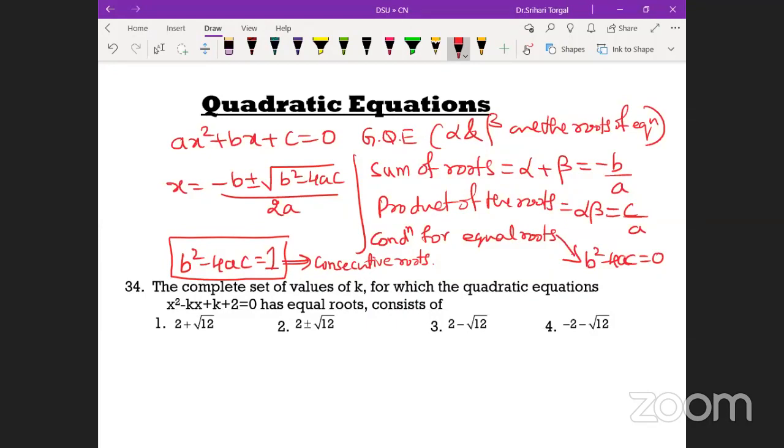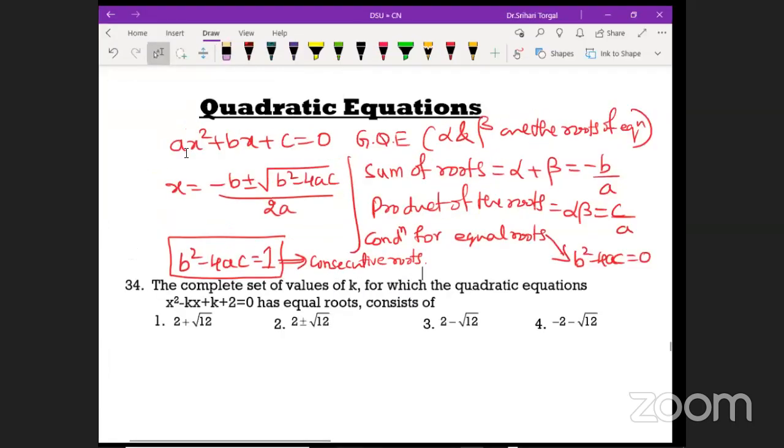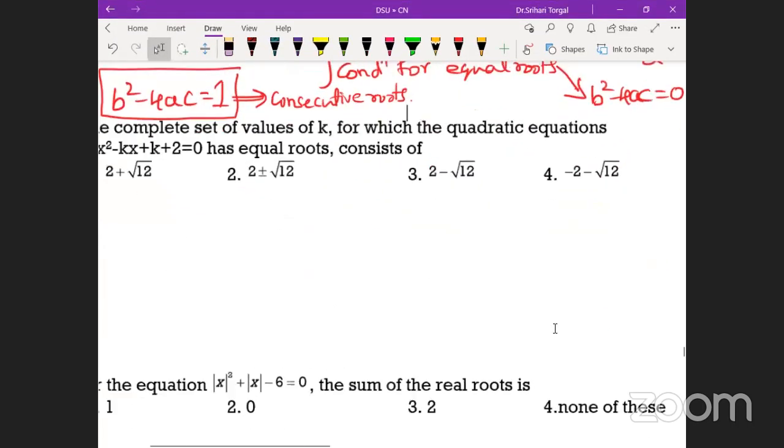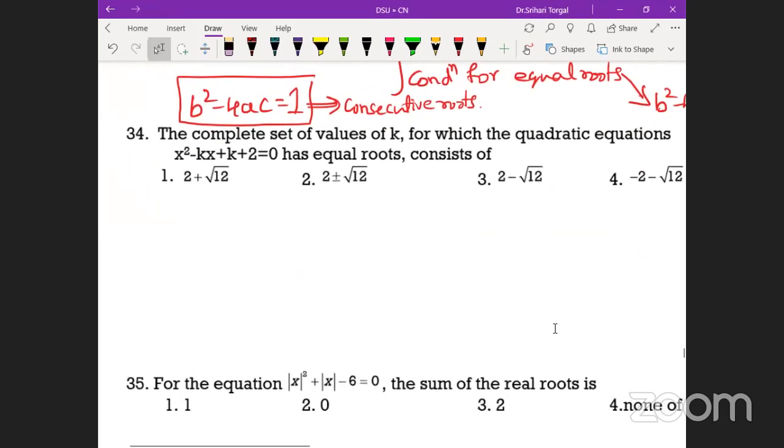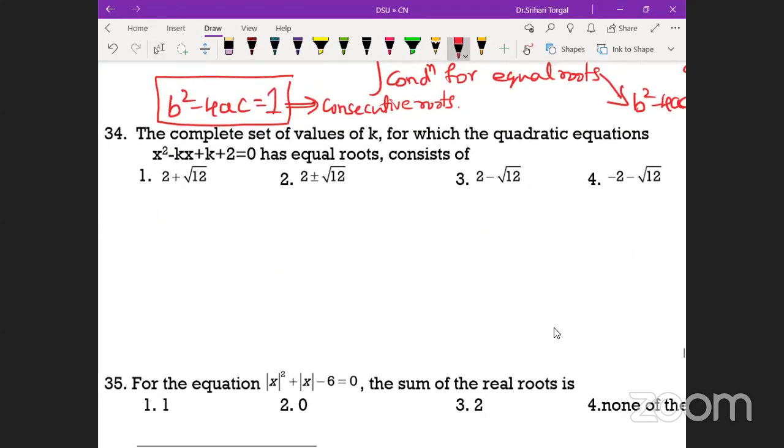ಓಕೆ, ರೈಟ್. ನೋಡೋಣ. Question number 34. The complete set of values of k for which the quadratic equation x square minus kx plus k plus 2 is equal to 0 has equal roots consists of. ಈಕ್ವಲ್ ರೂಟ್ಸ್ ಇದ್ರೆ ಏನರ್ಥ? a value is 1, b value is minus k, c value is k plus 2.